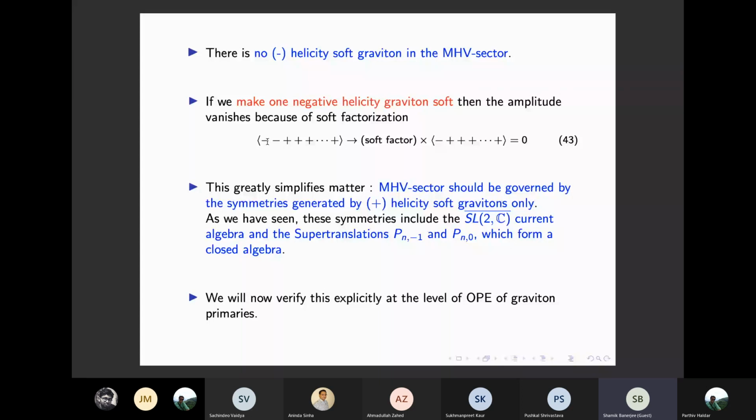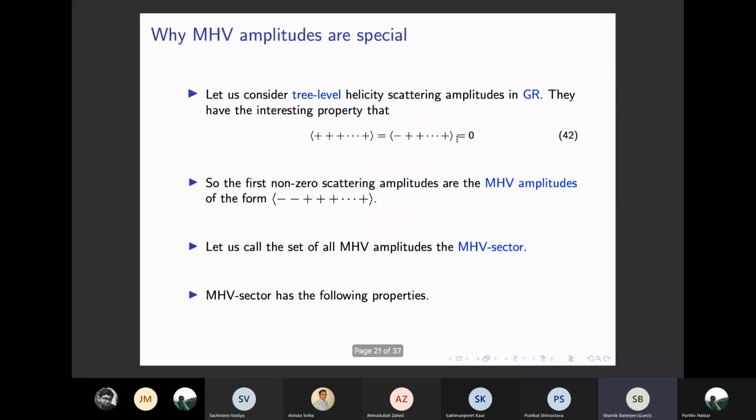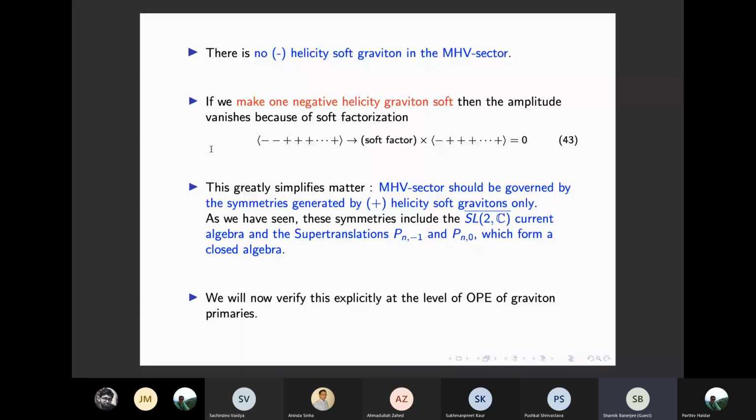Then due to the soft factorization, we get the soft factor times an amplitude of this form. But since in GR we know that three-point amplitudes of this type are 0, that means that there are no negative helicity soft gravitons in the MHV sector.